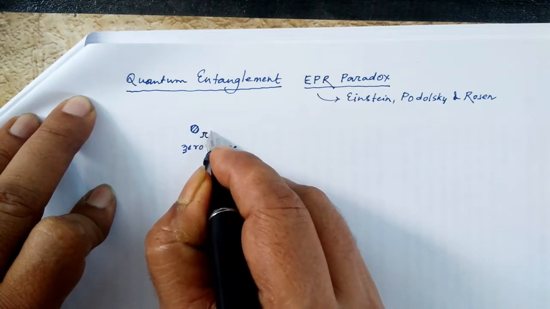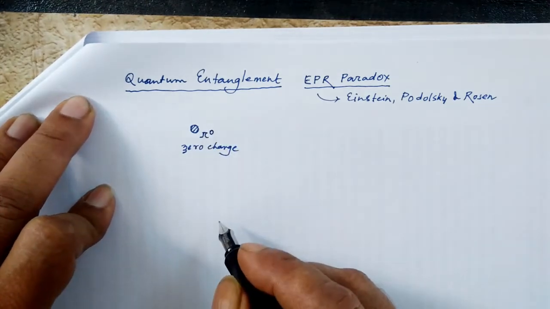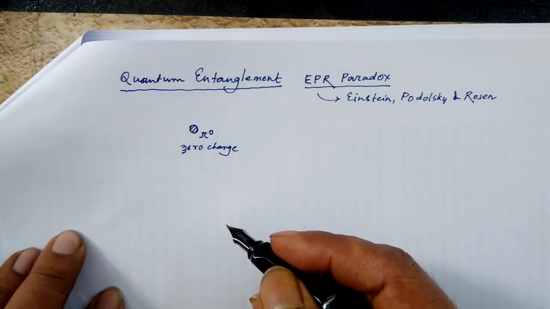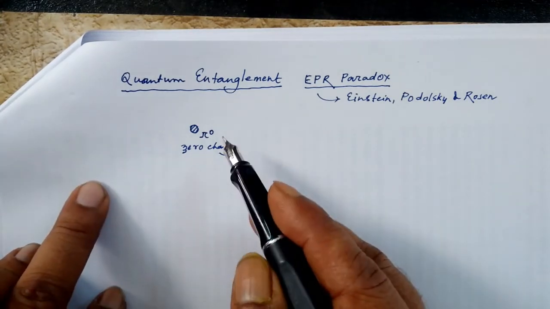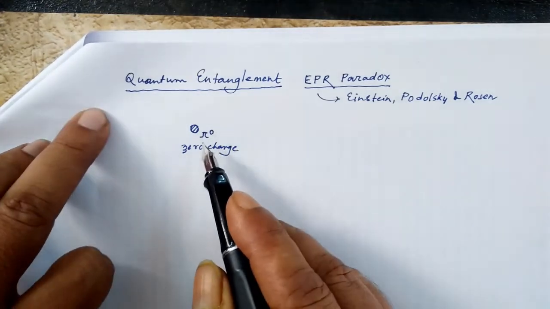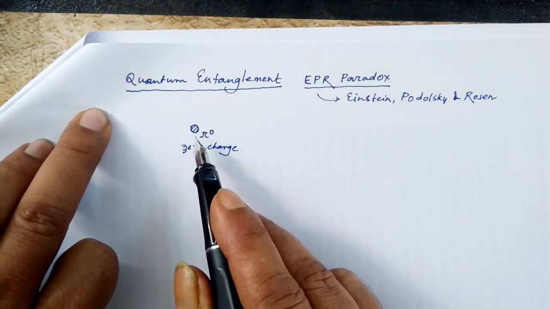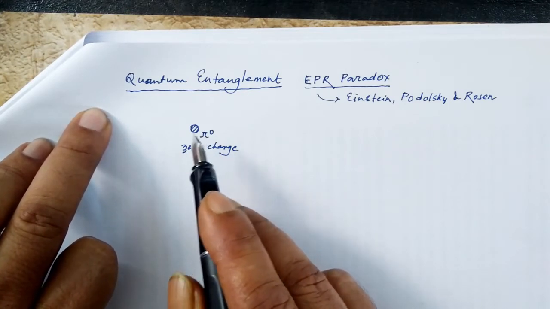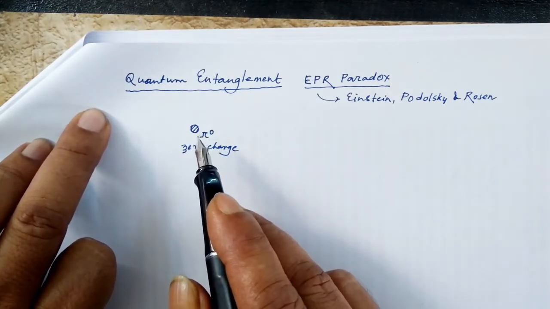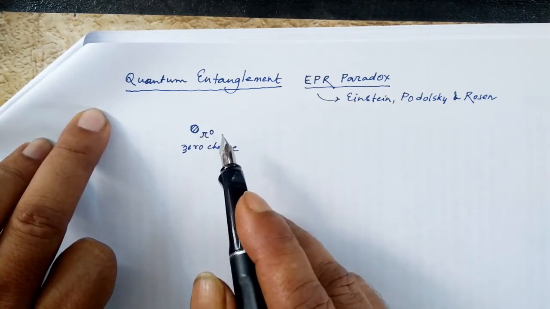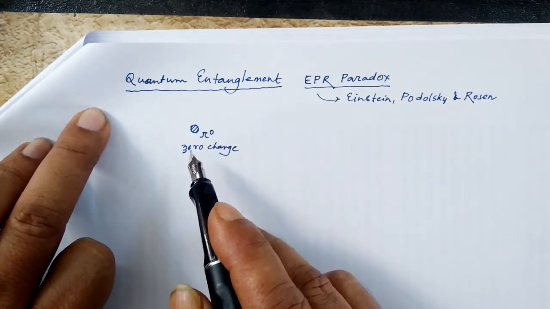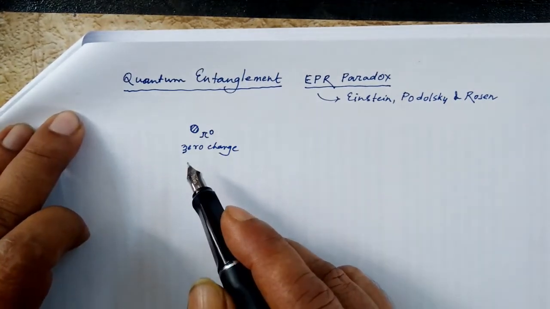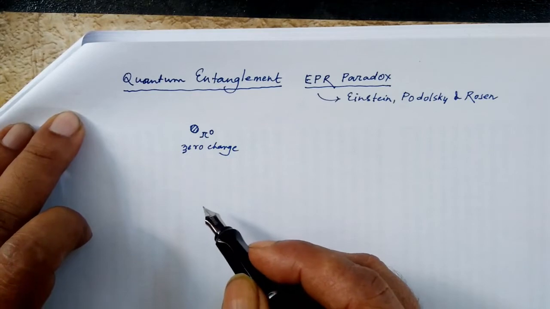We represent the neutral pion with this sign. Now this particle is at rest. But this is not a very stable particle, so it disintegrates into an electron and a positron, and both of these, electron and positron, are fermions, and they have spin half.